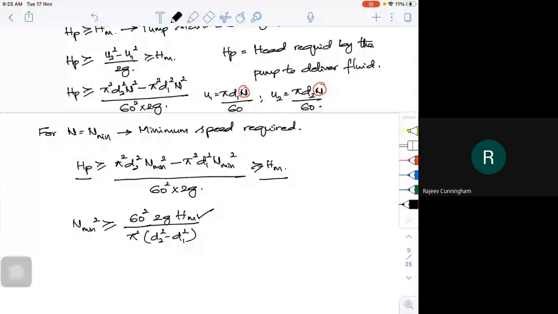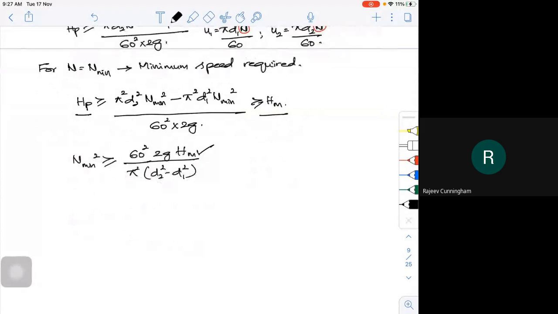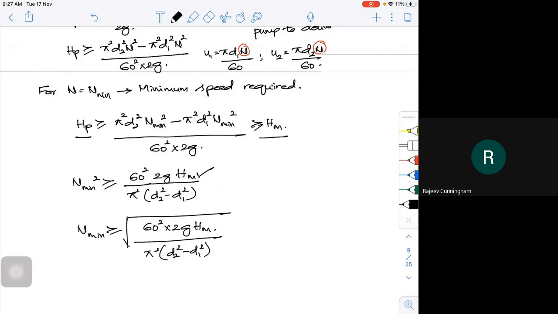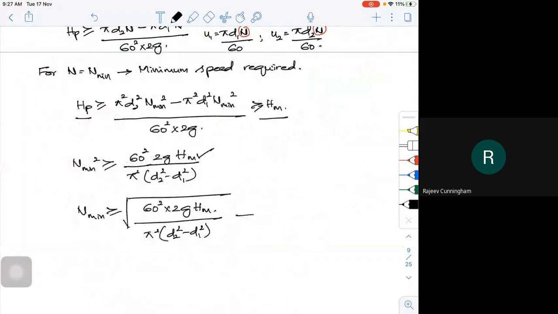That means I'm trying to compare with respect to your manometric head, or I can write N minimum is greater than or equal to square root of 60 square into 2g into HM divided by pi square into D2 square minus D1 square. So if I call this expression number 1, this I can call expression number 2.